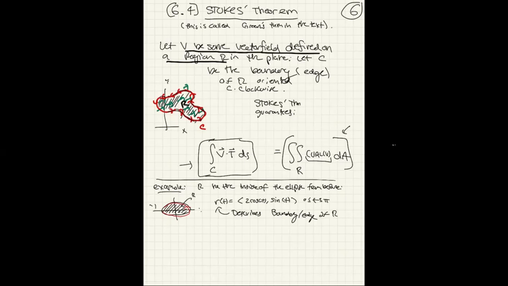So I want to remind you that the curl of the rotational vector field, we did this on Monday, negative y comma x, is exactly 2. We computed this on Monday. And that's how we said that this vector field was not a conservative vector field. Okay, so we've got that going on.